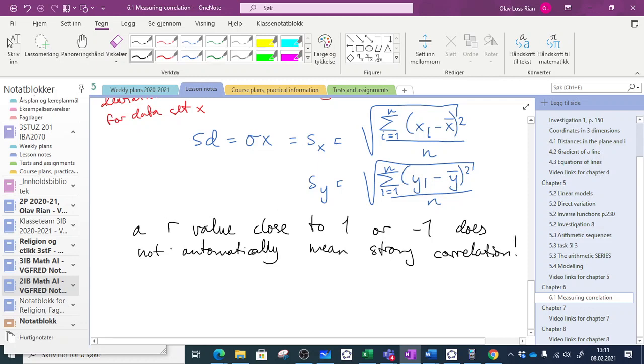We only calculate the R if we can actually see and confirm a strong correlation, or a correlation at all, in the scatter plot. So we always have to study the scatter plot first.